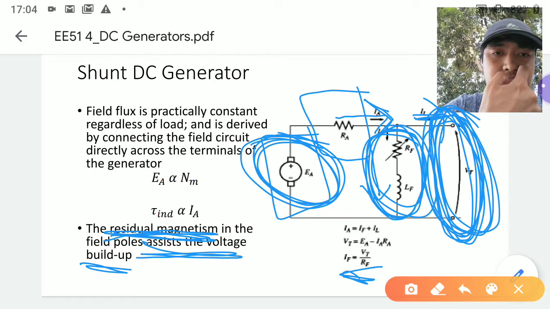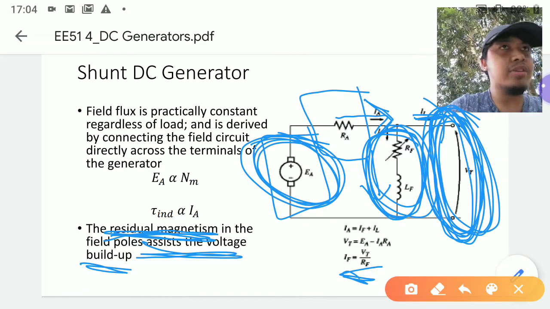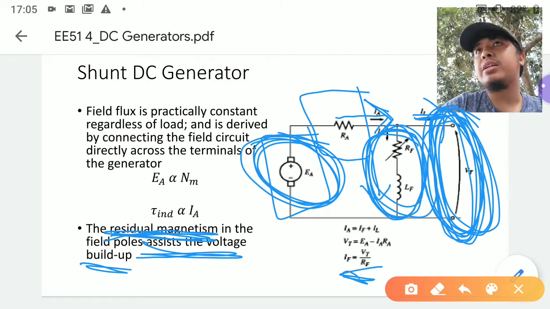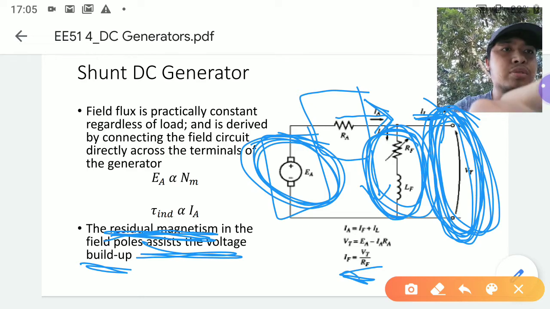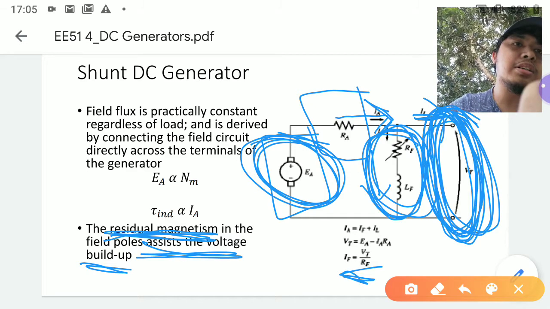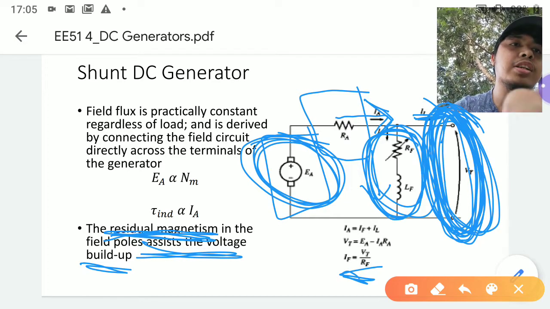Now, when starting a DC shunt generator, you actually start with separate excitation just to have a small voltage here, and then you build on that voltage, because the presence of a small voltage here will cause presence of a small magnetic field here.